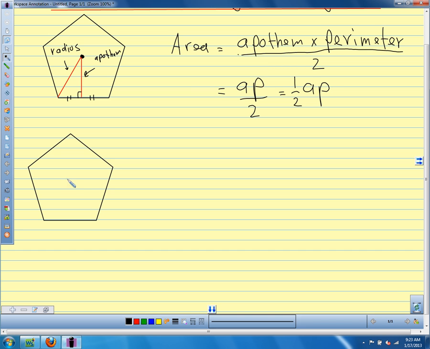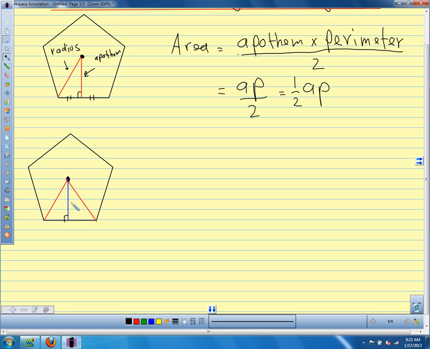So what we're doing here is I'm going to take this is the center of my regular polygon, and I'm going to draw in this, and I know I haven't drawn it perfectly, so you have to bear with me there. And I'm going to draw in this.